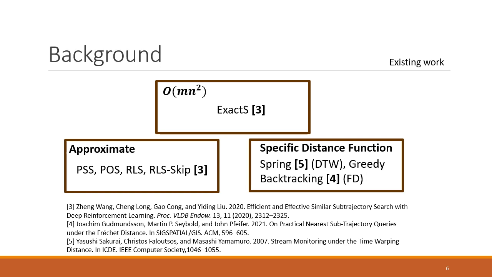The authors also proposed POS and PSS algorithms to obtain approximate solutions, as well as LRS and RLS skip algorithms based on reinforcement learning. On the other hand, some works have attempted to obtain accurate solutions in mn time complexity, but they are only applicable to specific distance functions such as DTW and FD.